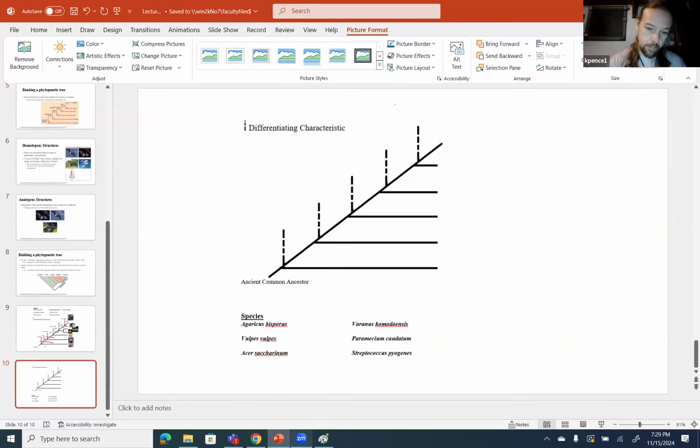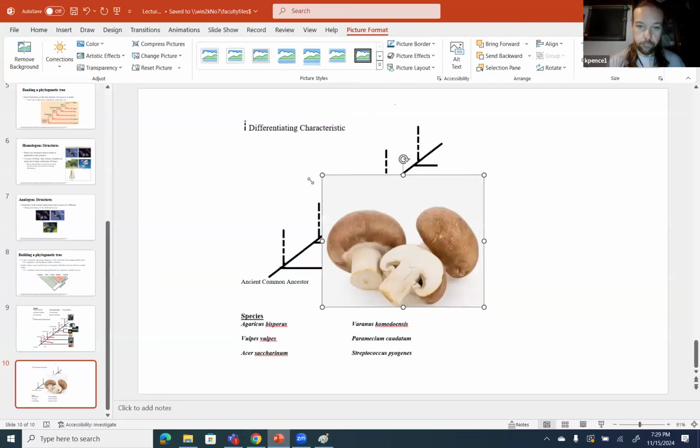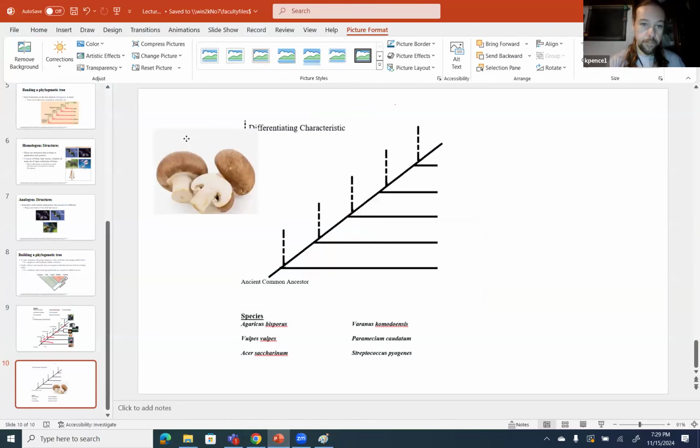I don't know why it's not copying. Copy. Paste. Thank you. Okay, Vulpes vulpes.